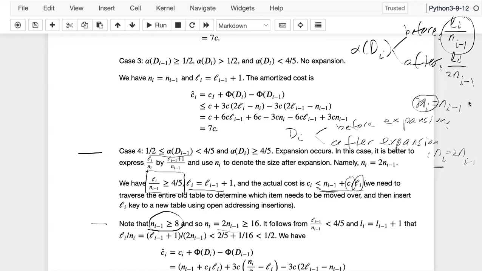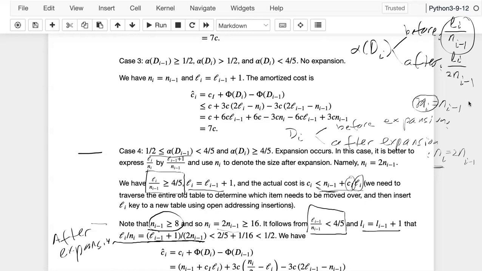Now remember, before the insertion, we have L sub I minus 1 over N sub I minus 1 is less than 4/5. And after insertion, we have this. So hence we will do a simple manipulation. Then we figure out the load factor after expansion, which is L sub I over N sub I, which is equal to this.